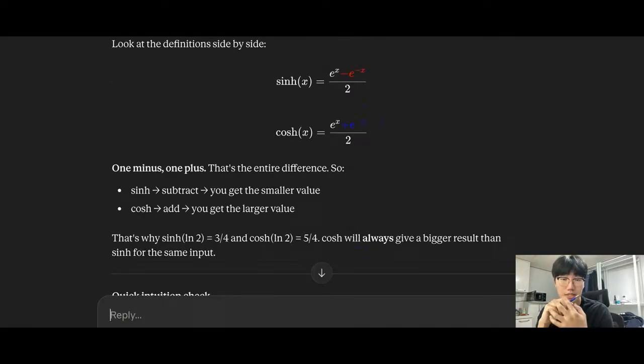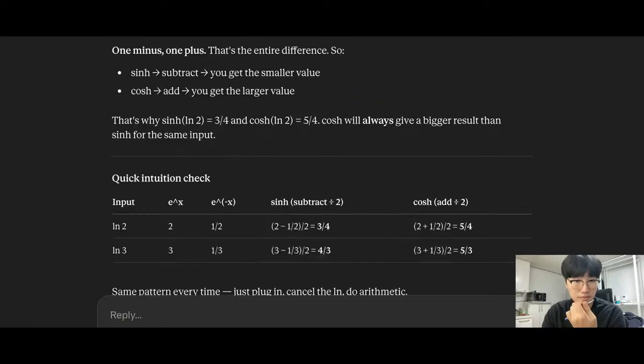Sinh is e^x minus e^(-x), cosh is e^x plus e^(-x). One minus, one plus. That's the entire difference. Sinh subtracts, so you get a smaller value. Cosh adds, so you get a larger value. That's why sinh(ln 2) equals 3/4 and cosh(ln 2) equals 5/4. Cosh will always give a bigger result than sinh for the same input.